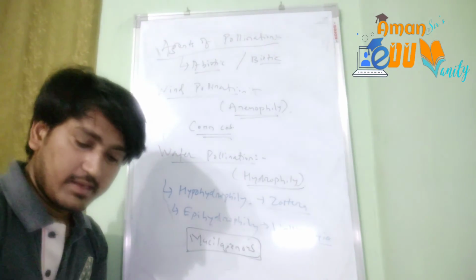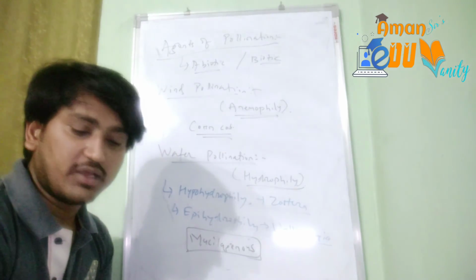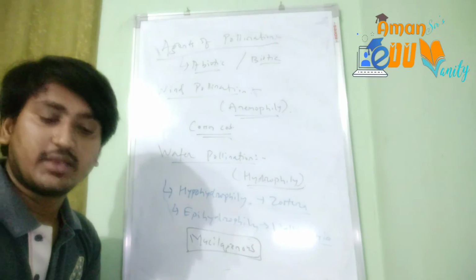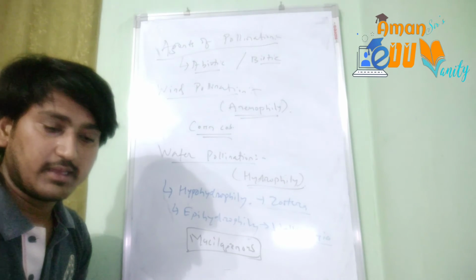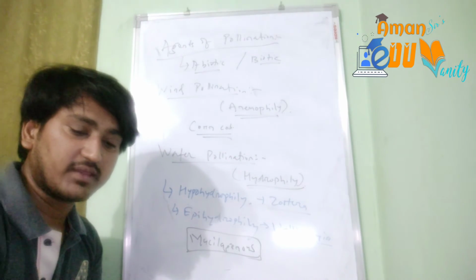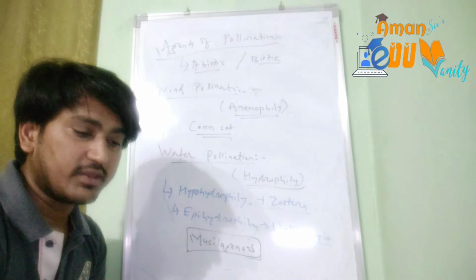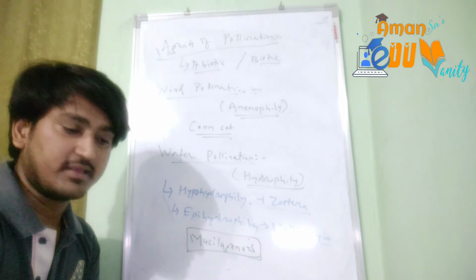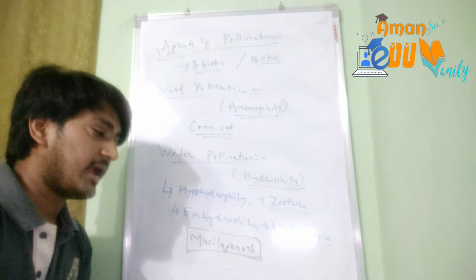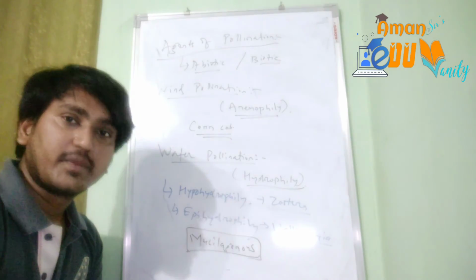Okay. Both the wind and water pollinated flowers do not need to be colorful or produce nectar, because that is the function of flowers which attract insects, which is done by biotic agents. Those flowers need to be attractive and colorful.